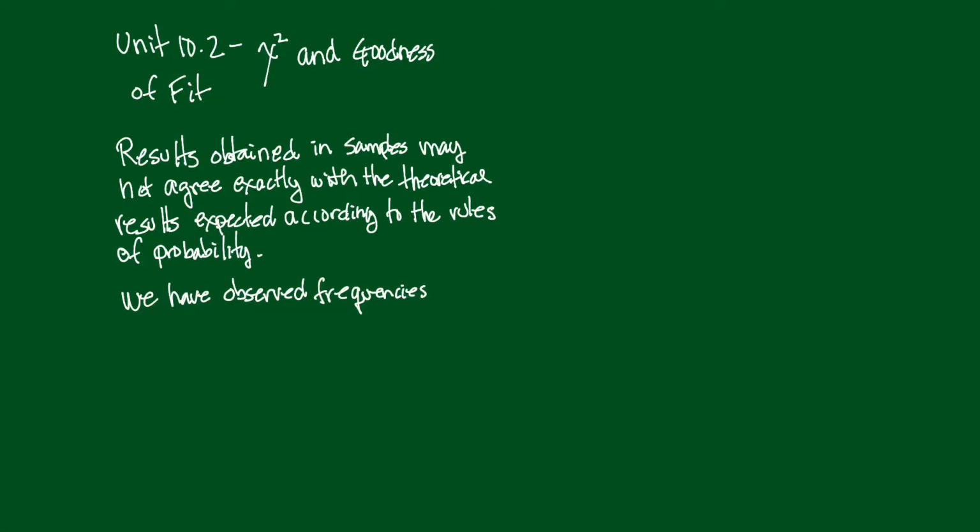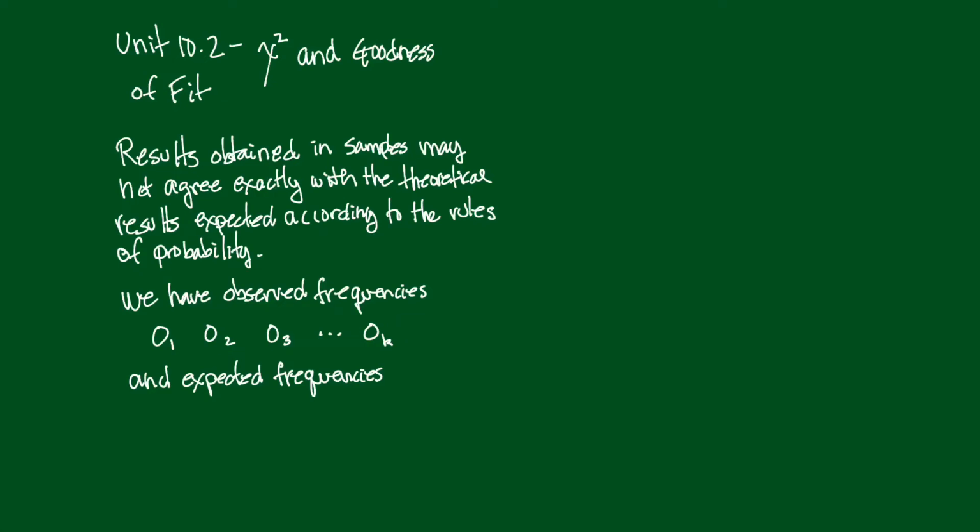So when we take samples, we have observed frequencies. Let's call them O1, O2, O3, the first observation, the second, the third, and so on, up to O sub k, like the kth observation. And corresponding expected frequencies.